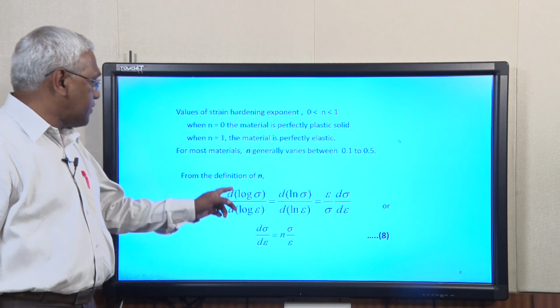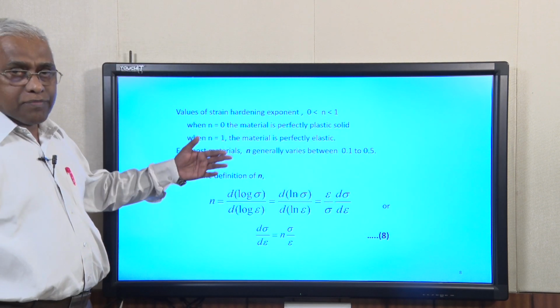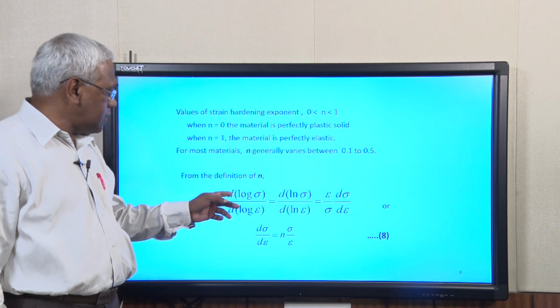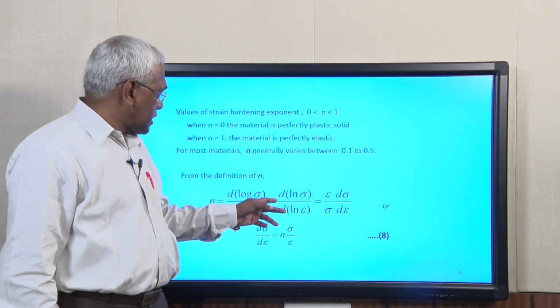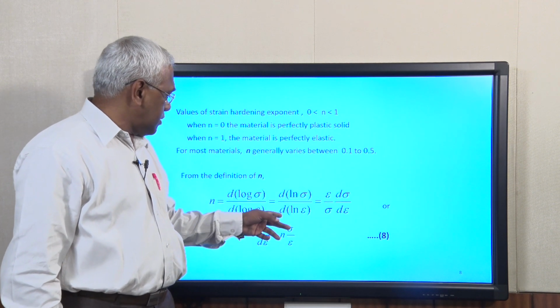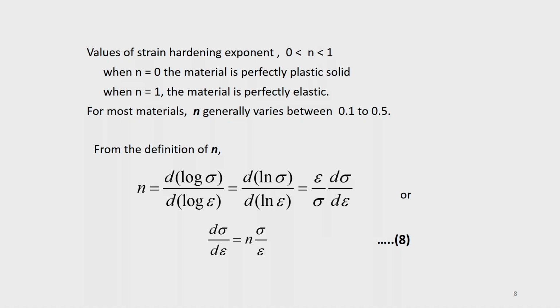So, from the definition of n from our previous equation, n is equal to d log sigma by d log epsilon, that is equal to epsilon by sigma into d sigma by d epsilon. And so, from this relationship we can get that d sigma by d epsilon is equal to n into sigma by epsilon.